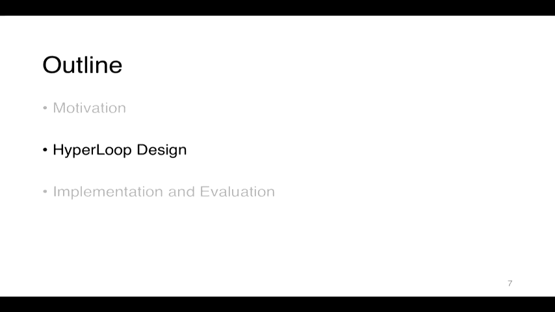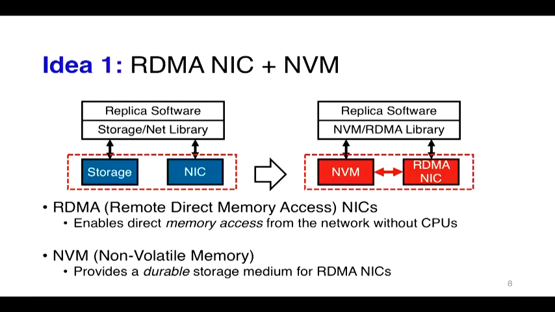Now, let me explain three key ideas in the HyperLoop framework. To remove replica CPUs from the critical path of chain replication, we observed an opportunity to combine two hardware technologies, RDMA and NVM. RDMA allows us to access remote memory regions through the network without involving remote CPUs.